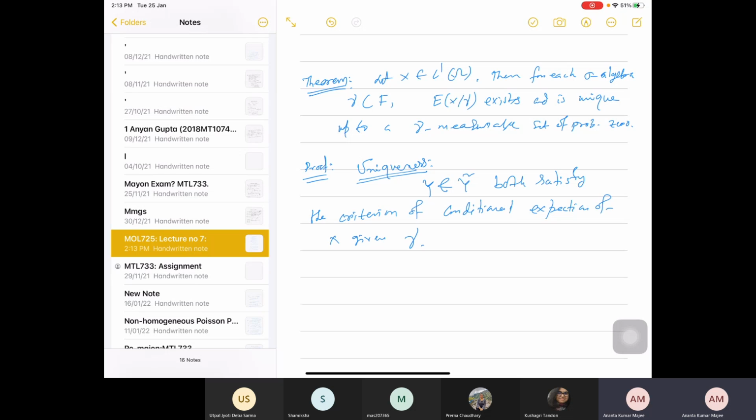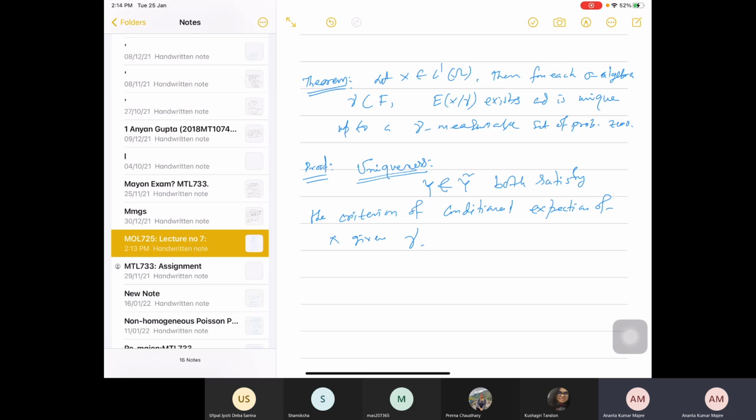That means y and y tilde are both nu measurable and satisfy the integral equality. What I have to show is that y is equal to y tilde nu almost everywhere.